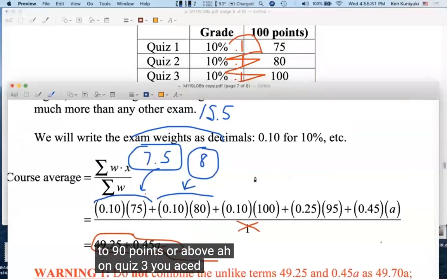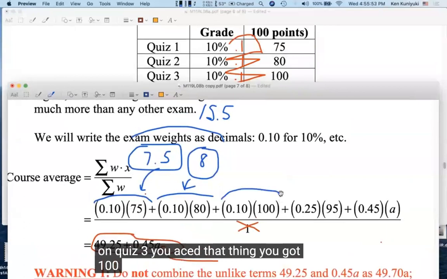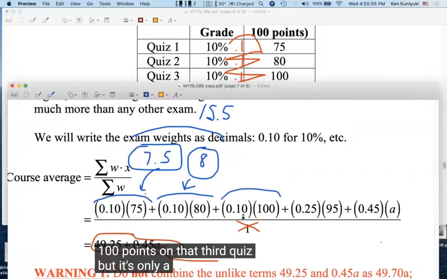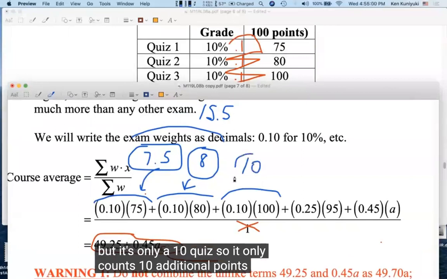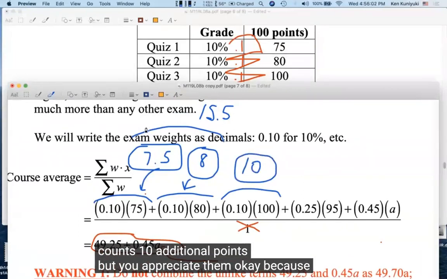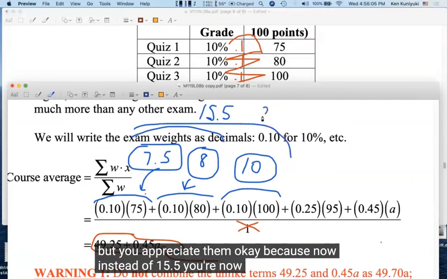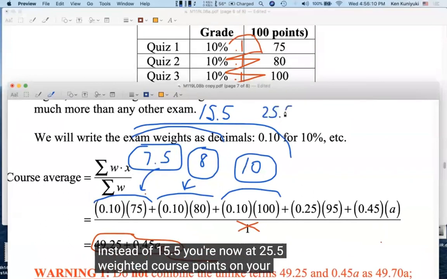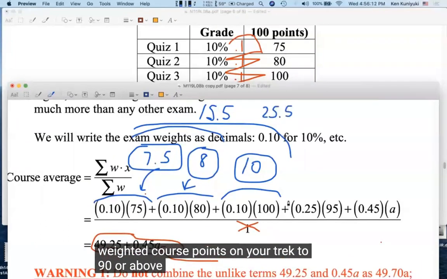On quiz 3, you aced that thing. You got 100 points on that third quiz, but it's only a 10% quiz, so it only counts 10 additional points. But you appreciate them, okay? Because now, instead of 15.5, you're now at 25.5 weighted course points on your trek to 90 or above.